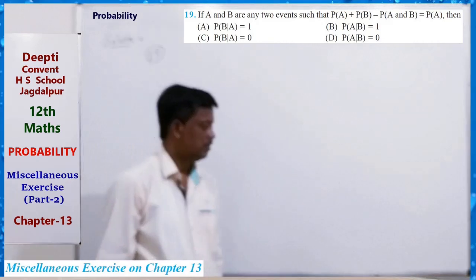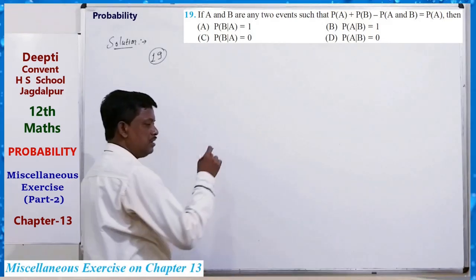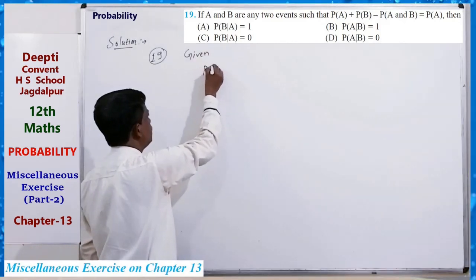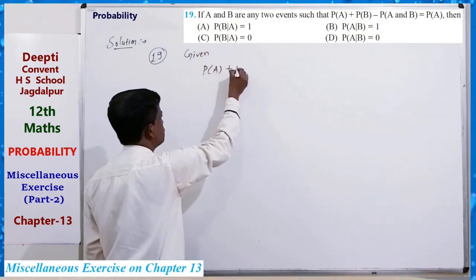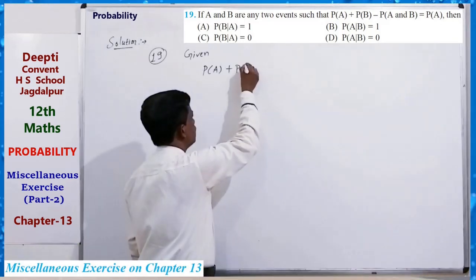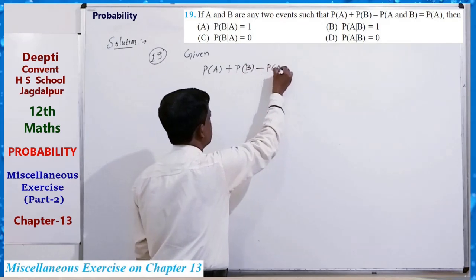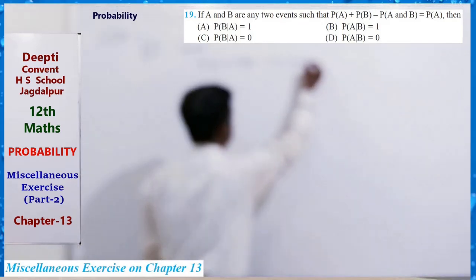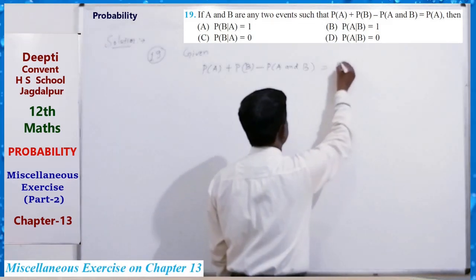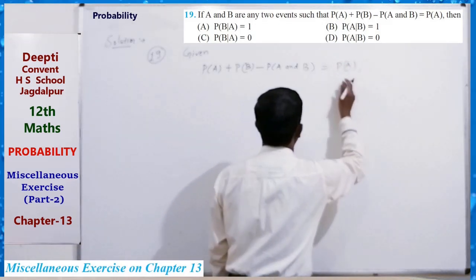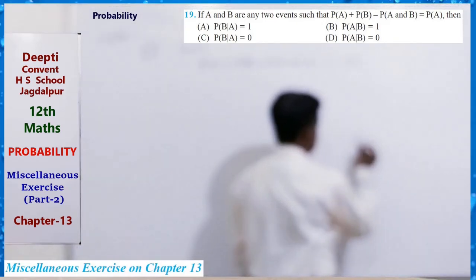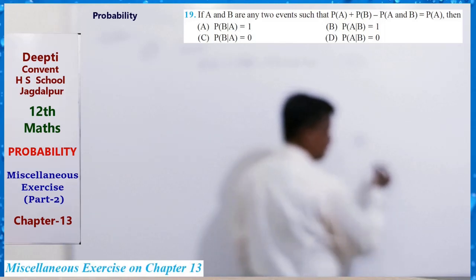If A and B are any events such that P(A) plus P(B) minus P(A intersection B) is equal to P(A). What are the options? A, P(B|A) equals 1.